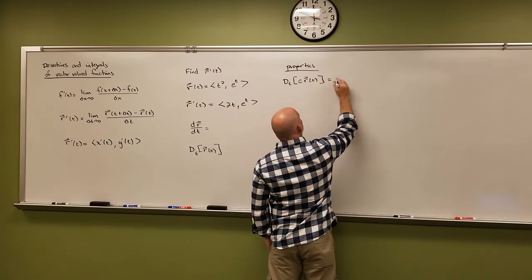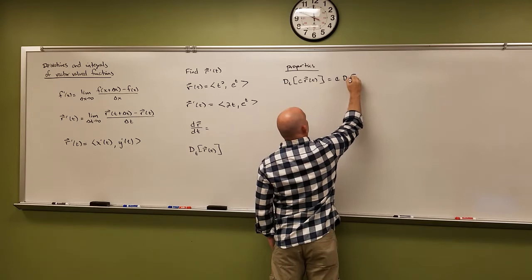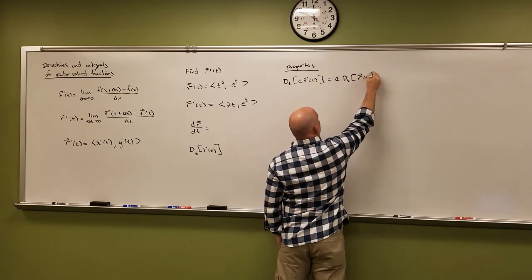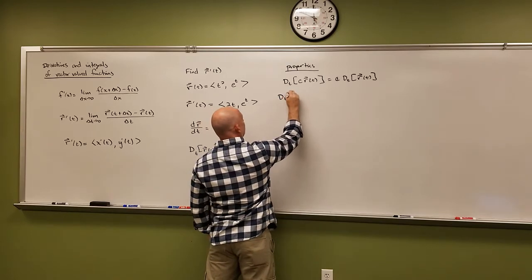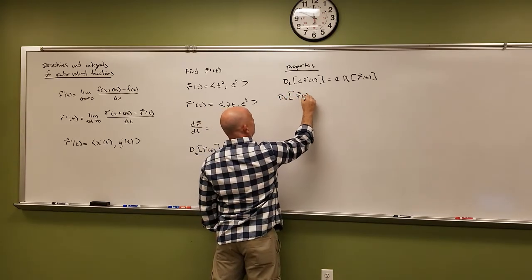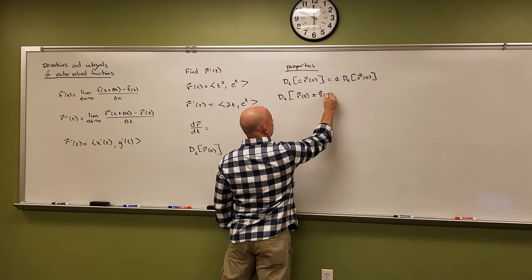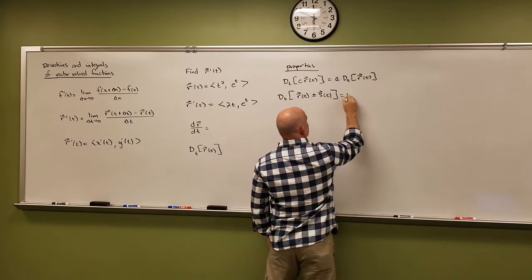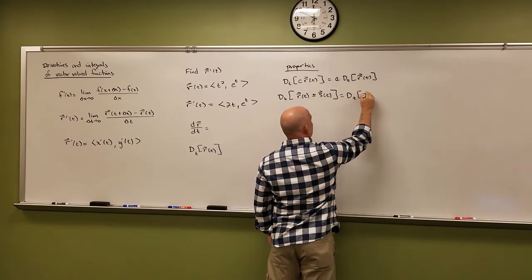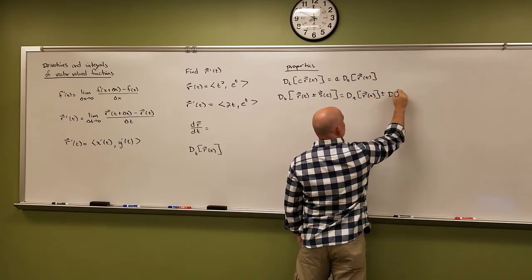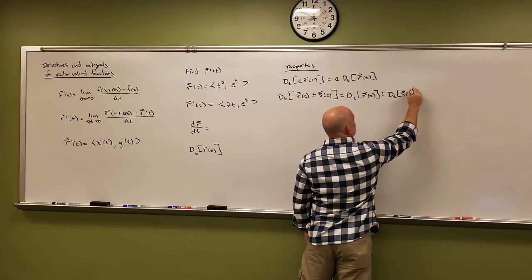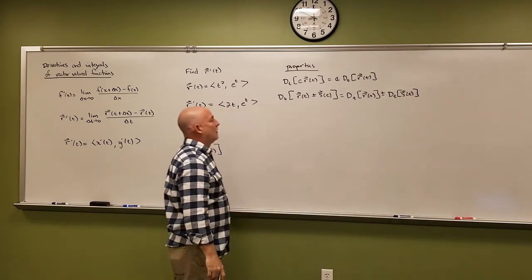So that would just be the constant times the derivative of the vector. What if we're doing, again, nothing's really going to change here, r of t plus or minus some other vector s of t? Well, that's just the derivative of r of t plus or minus the derivative of s of t. Again, all to be expected.